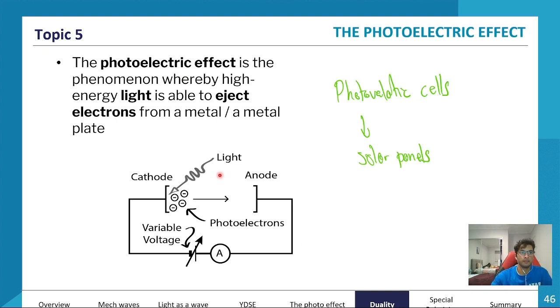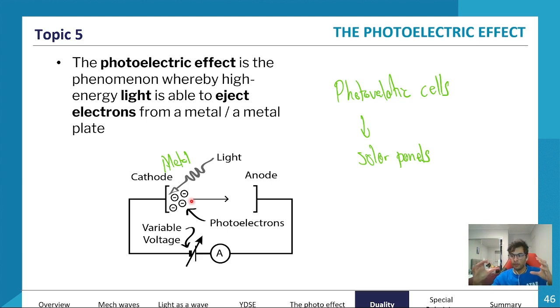Essentially, this is what's happening. We have some light, and over here there is some metal. First of all, we have the circuit, and this circuit's been cut up in the middle, and in the middle we have some sort of vacuum.